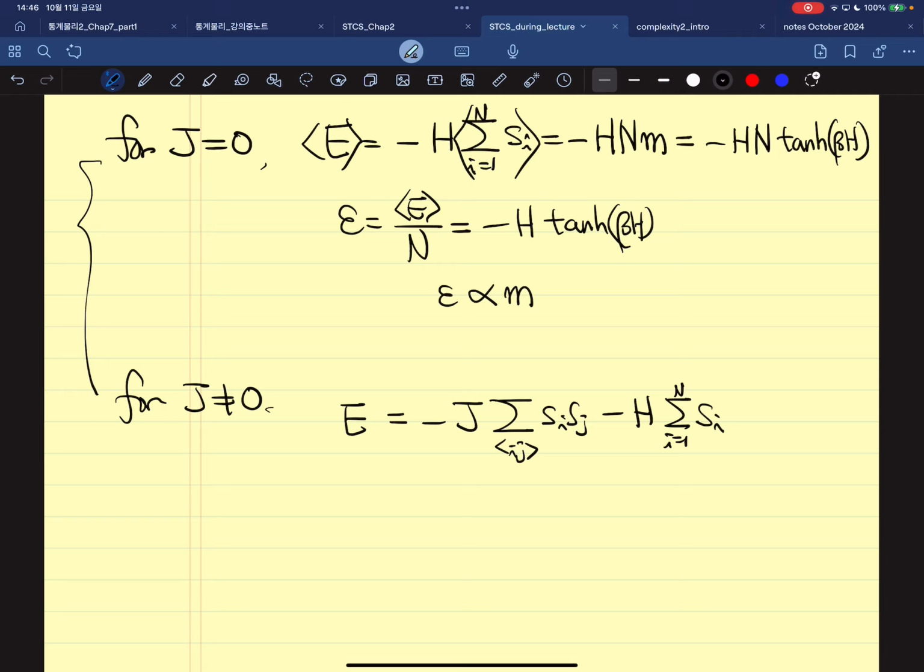So the average of this energy is no longer just proportional to this minus h.